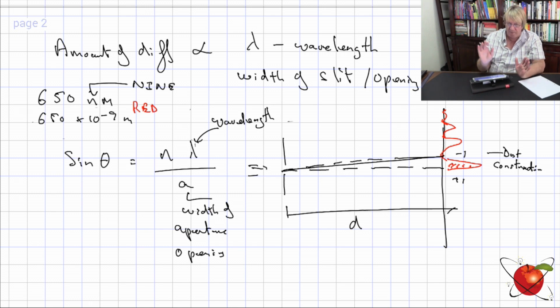For our purposes, I'm just going to leave n out and call it 1, because this is my angle here, theta. Can you see that it's the amount of bend? It's the amount of diffraction caused by that opening or slit of size a.